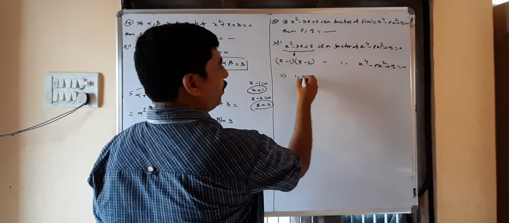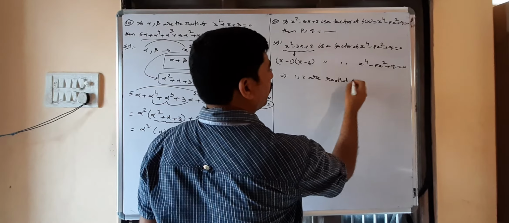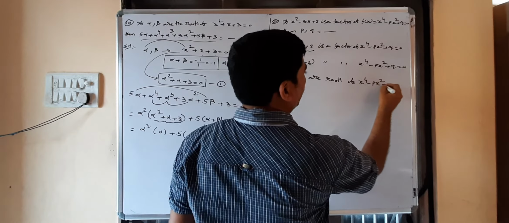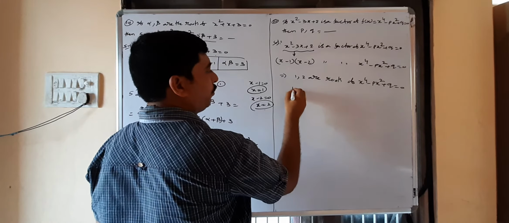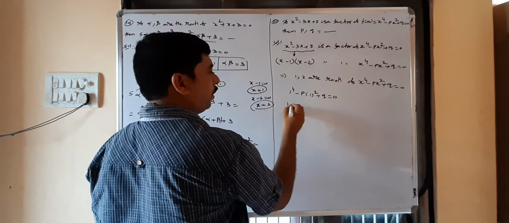That implies 1, 2 are roots of x⁴ - px² + q = 0. 1 is a root, so in place of x we substitute 1: 1⁴ - p·1² + q = 0. Then 1 = p - q.